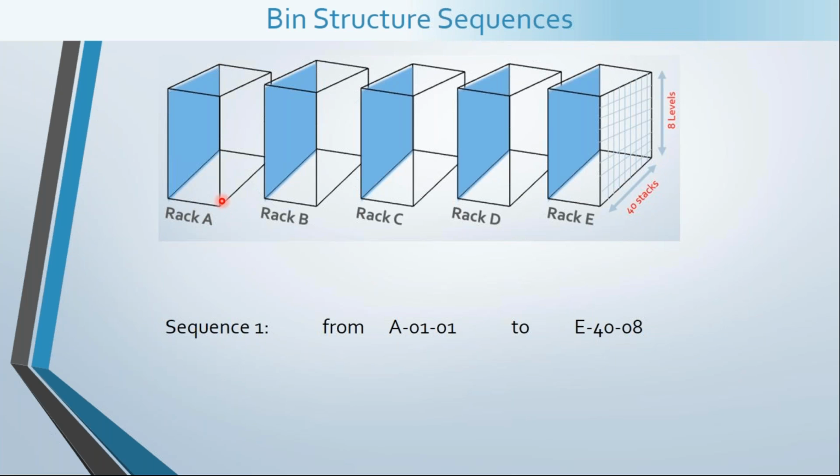What it means is, if we can somehow create a sequence which starts from the first bin in rack A, in the first stack and first level, and then goes all the way to rack E, stack 40 and level 8, and then use this sequence to create all these bins in just one go, that would be great, right? So this is about sequence. Of course, we will talk about sequences in more detail when we hit the SAP system. But the idea here is to think about how we can come up with sequences that cover all the bins available in the system.